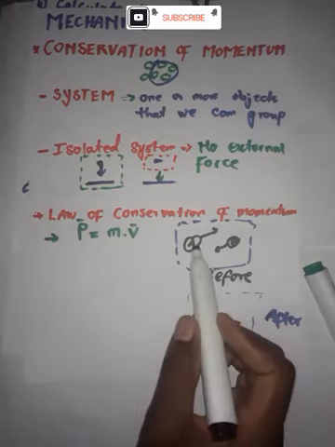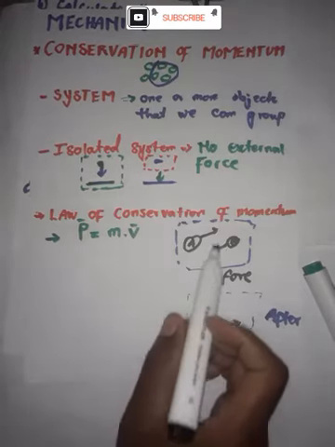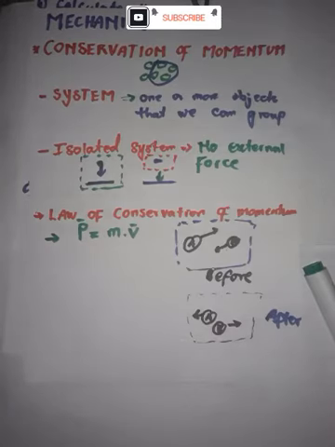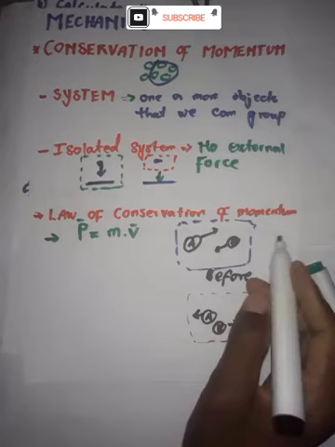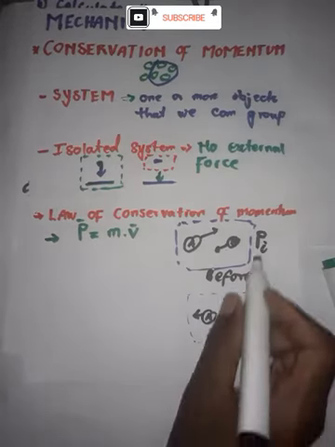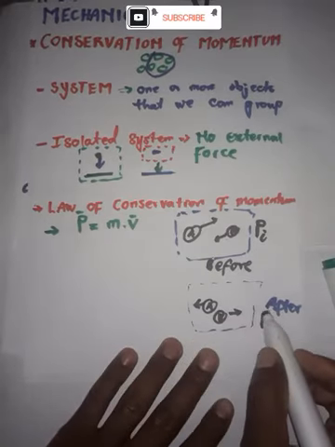If these two balls collide, the velocity is going to change, everything's going to change except the mass. But one thing you have to keep in mind: the momentum here, let's call it p initial, is going to be the same as the momentum here, p final.